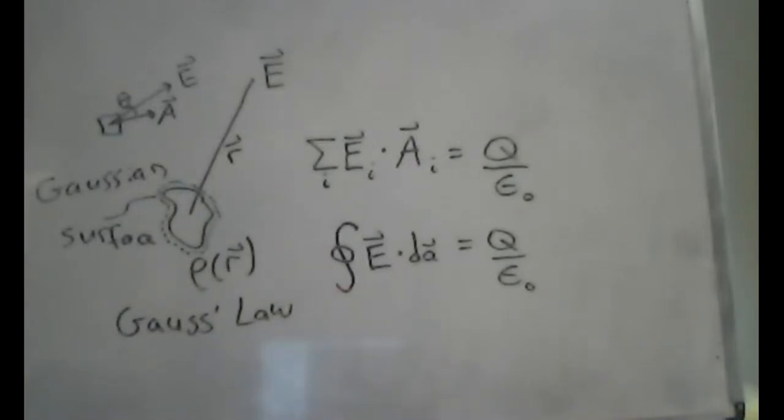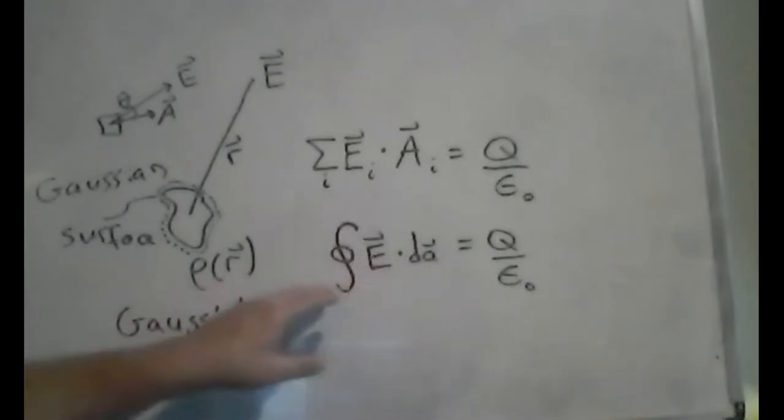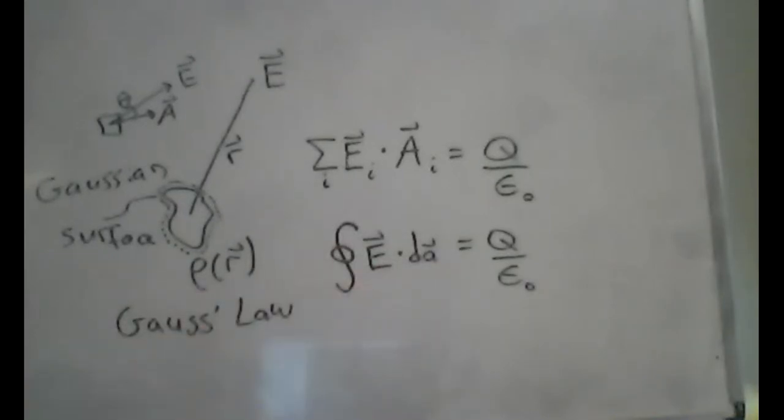But in general, this is a very hard integral to do, and you can only really do it well in symmetrical situations like the parallel plate capacitor, or with spheres or cylinders, things like that. Unless you have a really nice situation, that's what you can do.